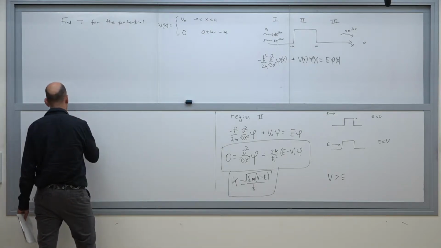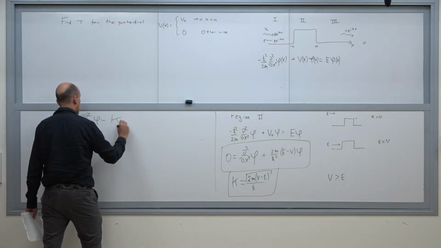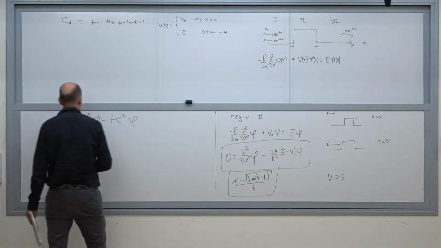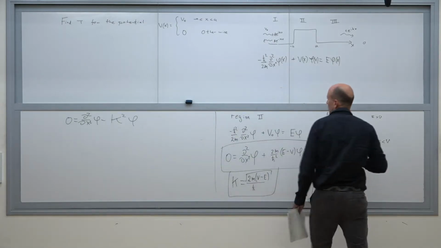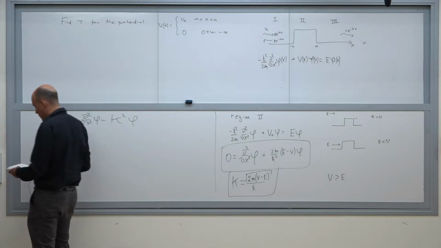So the equation is simple. Second derivative of phi equals kappa squared phi. What are the solutions of this if kappa is real? You will have two solutions.